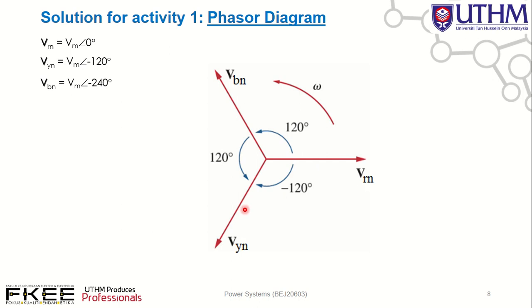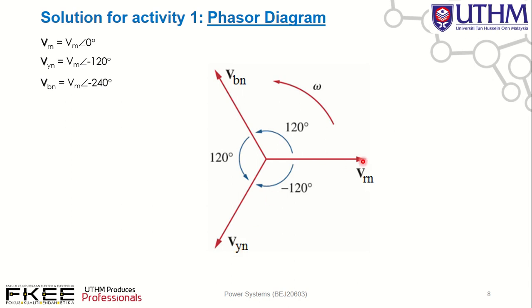Minus means that VYN follows VRN by 120 degrees. In other words, VYN lags VRN by 120 degrees, or VRN leads VYN by 120 degrees. I hope you are not confused with the terms lags and leads.